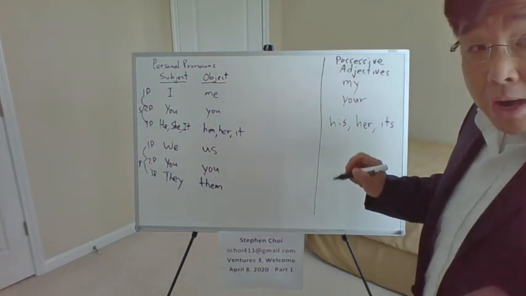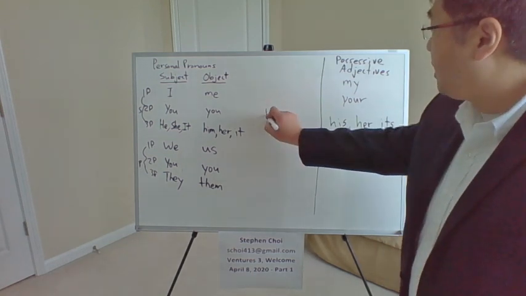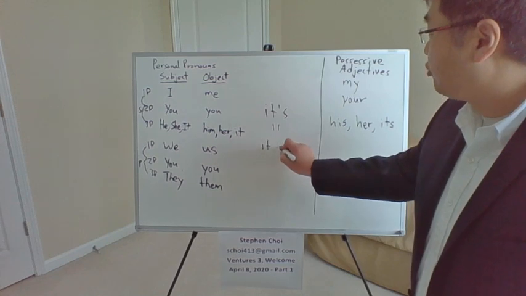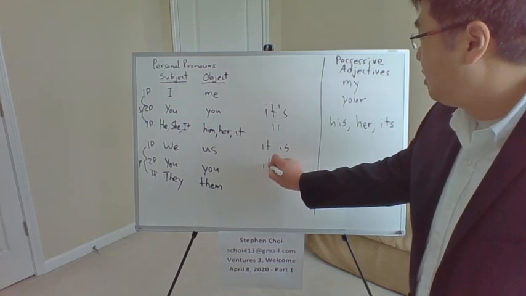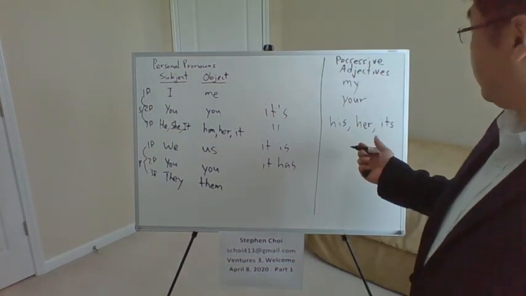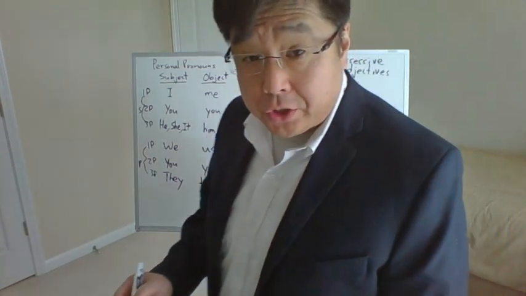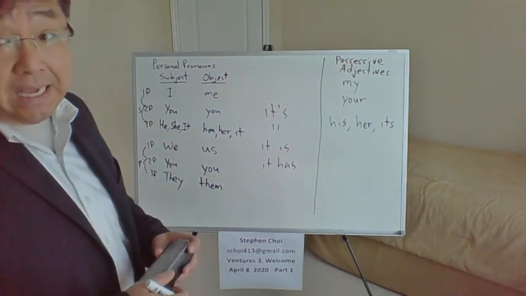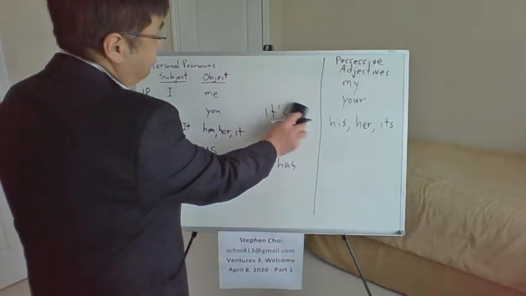No apostrophe, okay? When you put an apostrophe, that is a contraction of it is or it has, depending on what you want to say. But for the possessive adjective, there is no apostrophe. It's just its, okay?